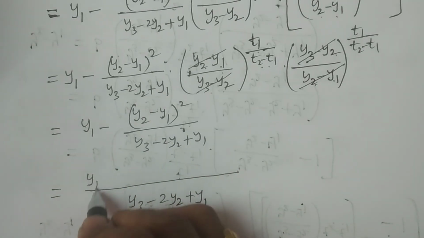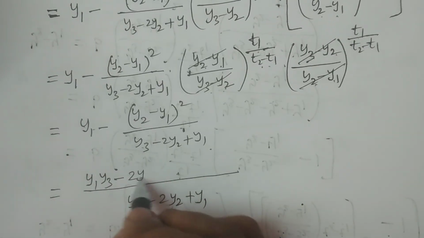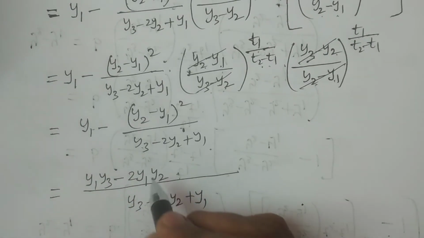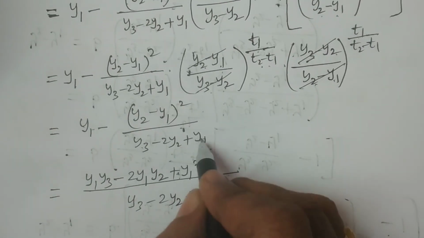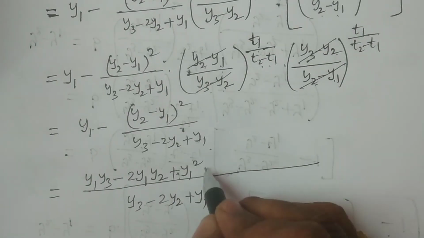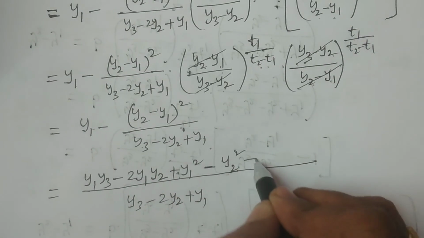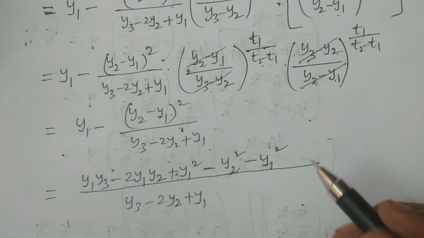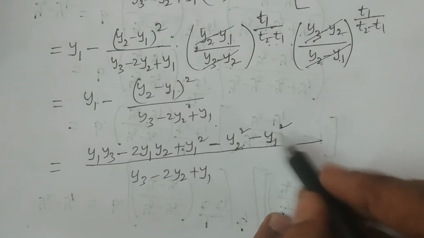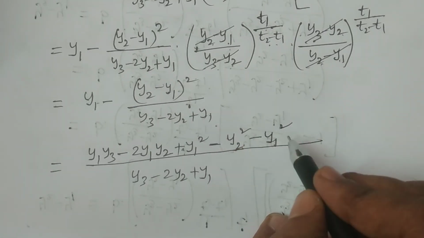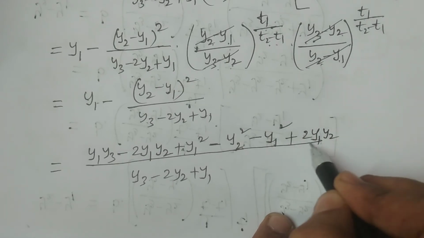That gives y1 into y3 minus 2y1y2 plus y1 square, minus y2 minus y1 whole square, that is y2 square minus 2y1y2 plus y1 square, like a square plus b square minus 2ab.